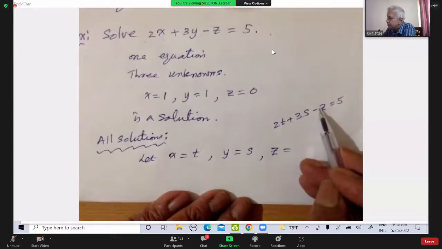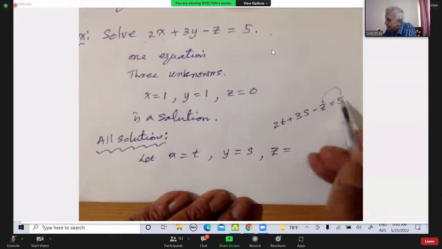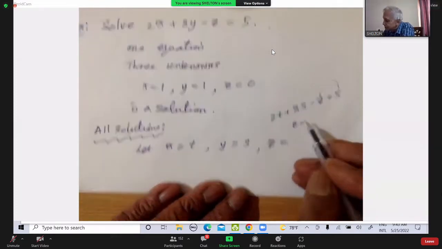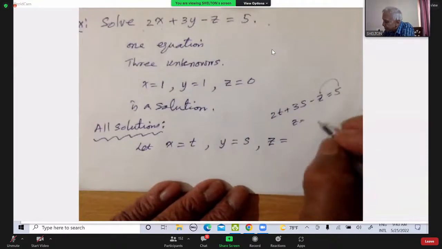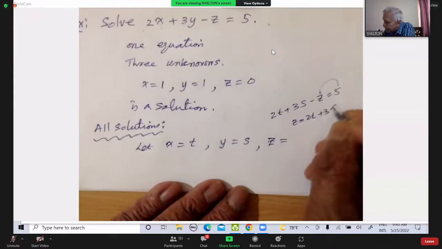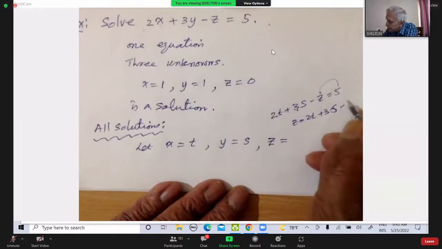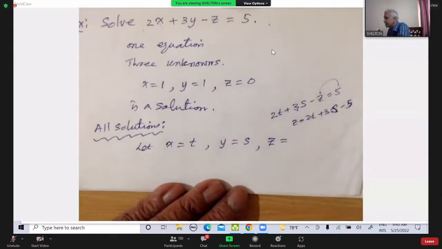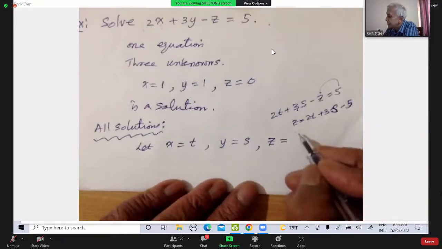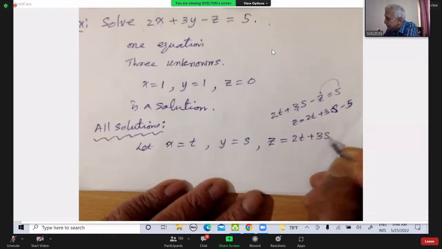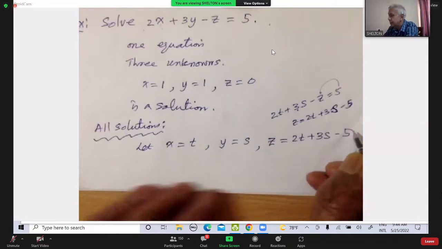So z must be what? Take z to this side and 5 to the other side. So z equals 2t plus 3s minus 5, don't forget the 5. So z equals 2t plus 3s minus 5.